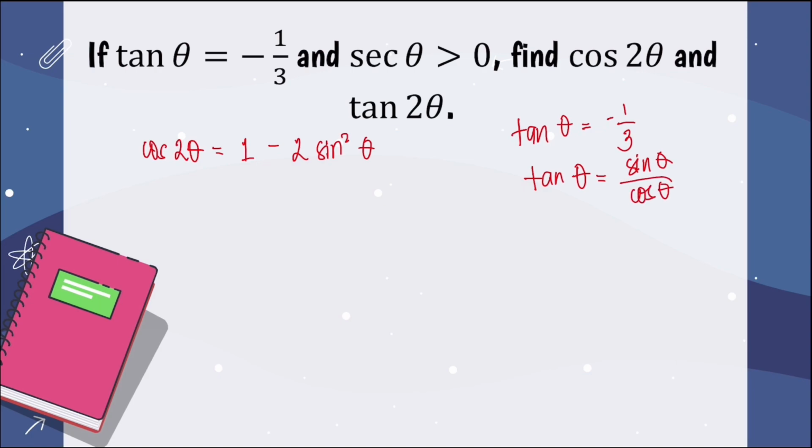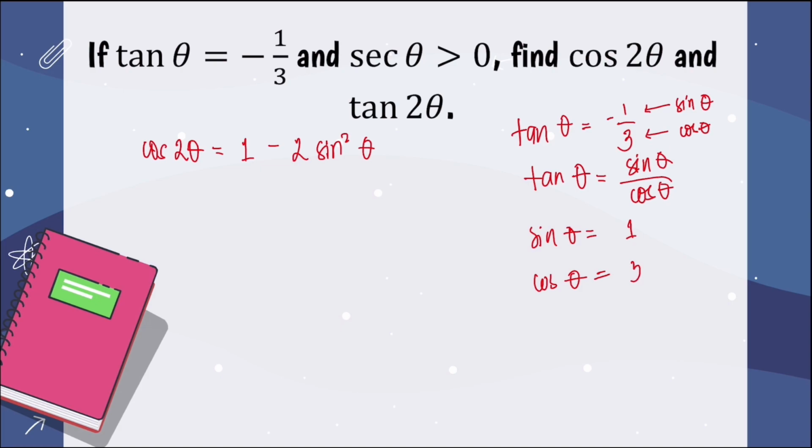So that means these values here, the 1 and 3, are already the sine and also the cosine. So we have 1 as our sine of theta, and 3 as the cosine of theta. So if I write here, sine theta is equal to 1, cosine of theta is equal to 3.